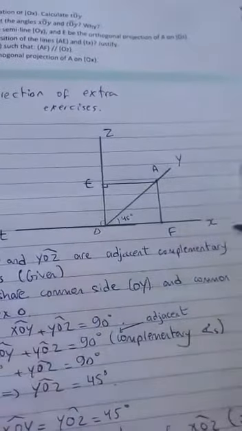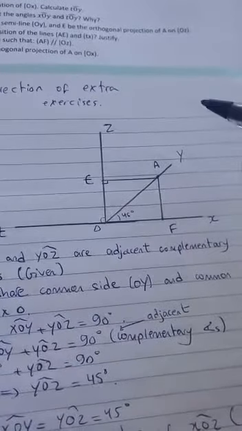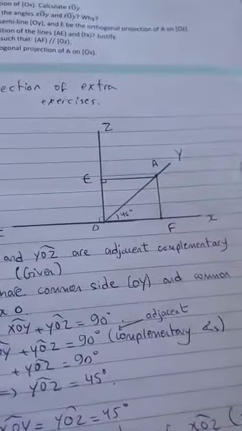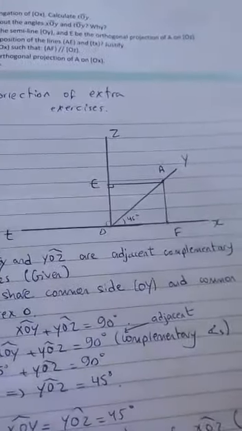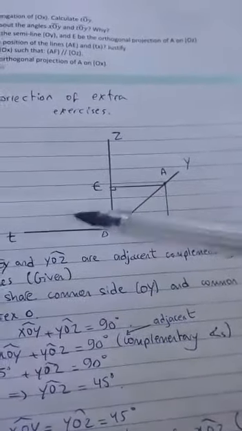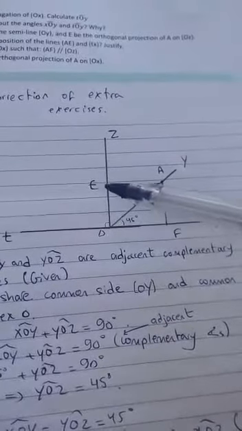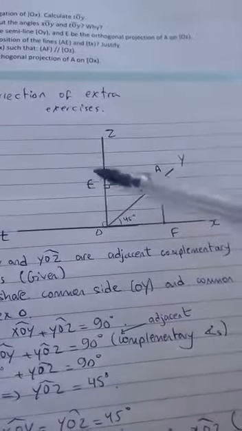We drew it. What is the relative position of the lines AE and TX? We know that AE is perpendicular to OZ, since E is the orthogonal projection of A on OZ.